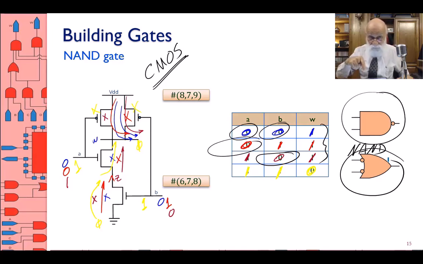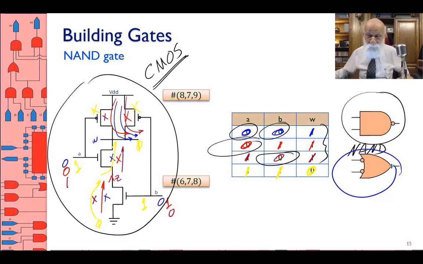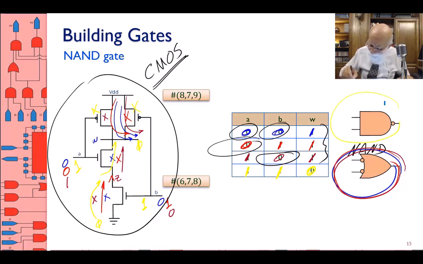So this structure, this thing over here, is either an OR gate with an OR function with inverted inputs, or it is an AND function with inverted output.